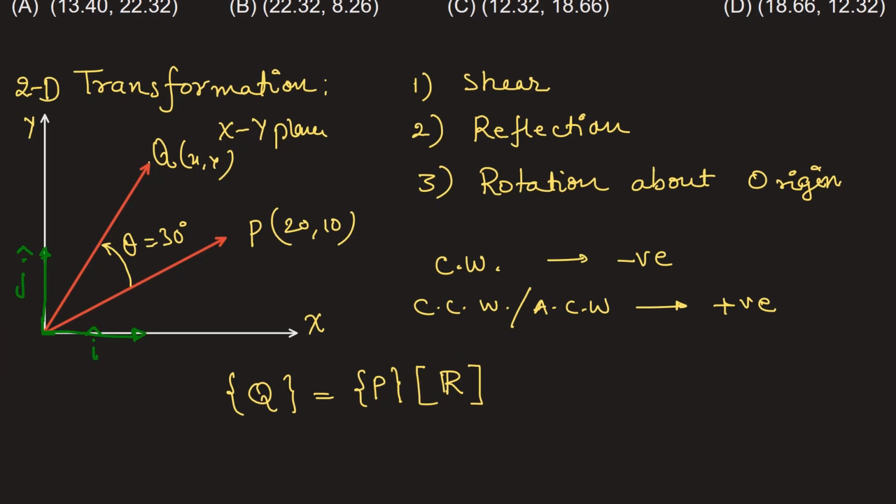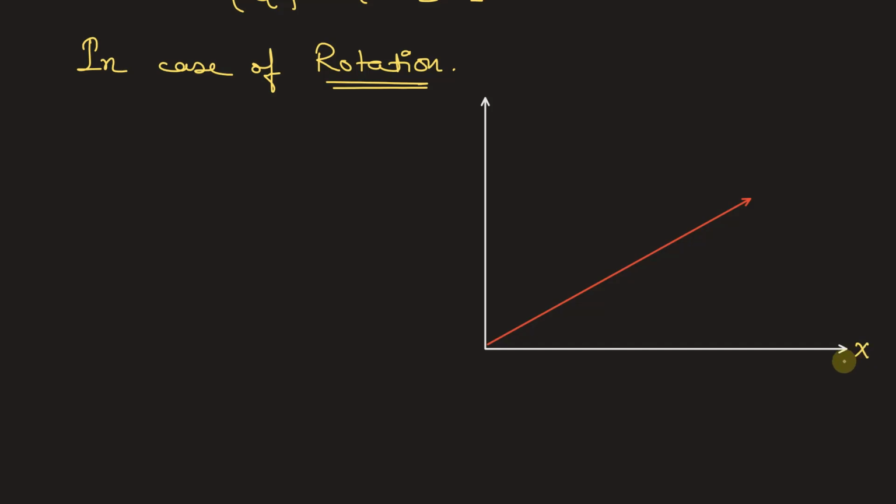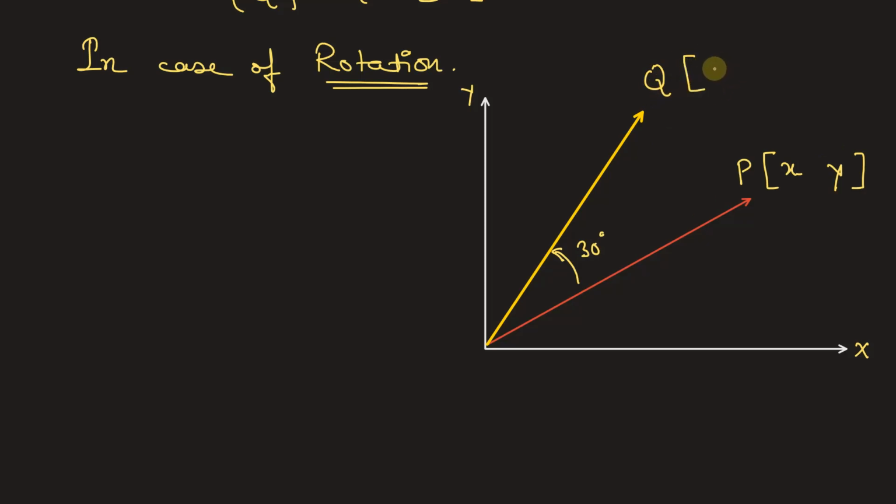Let's draw a new graph below. In case of rotation, let's say this is the xy plane, and this is the P vector. The P vector can be written in terms of a matrix as x, y. Now after rotating 30 degrees counterclockwise, we have point Q whose coordinates can be written as x dash, y dash.